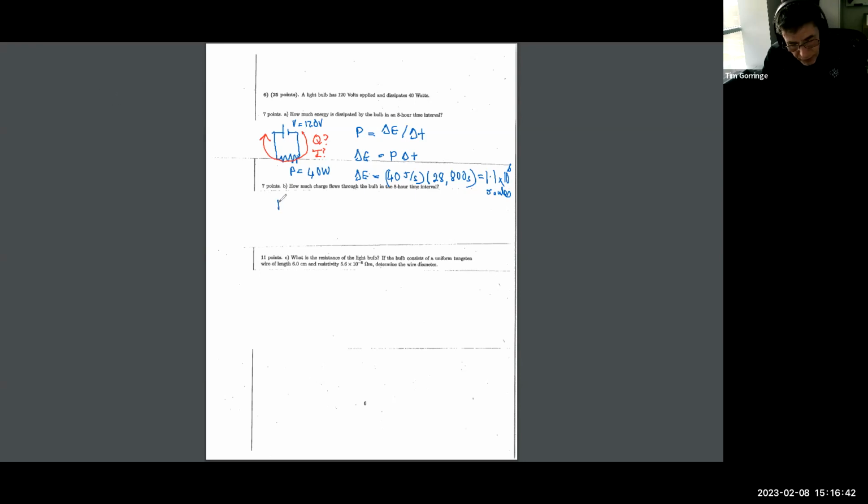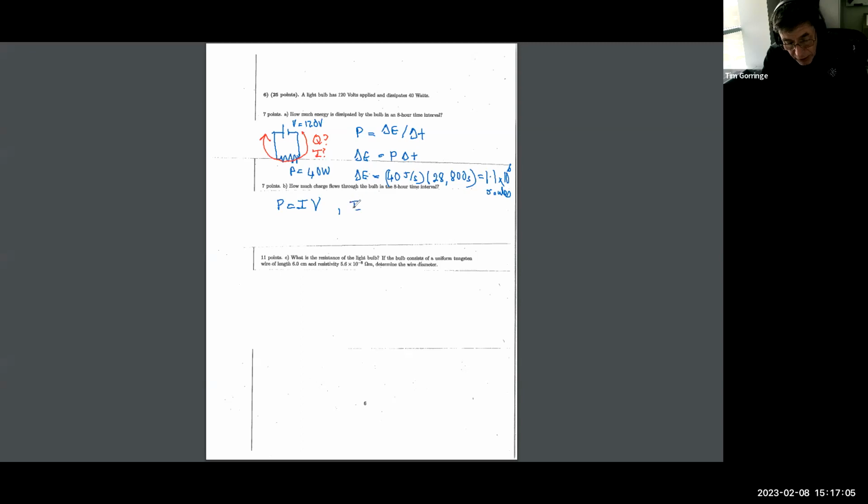To figure out the current, I'm going to use the relationship between current, voltage and power. I know the voltage across the lamp, or resistor. I know the power being dissipated by the lamp. The only thing I don't know is the current.